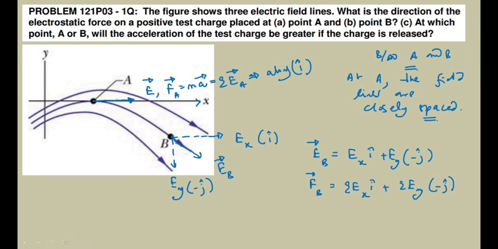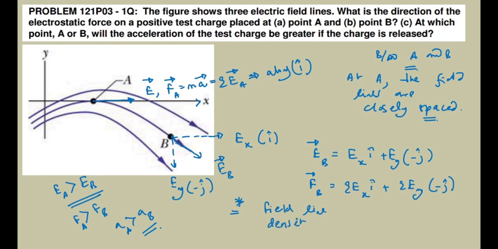If the field lines are closely spaced, in the sense that the electric field at A is greater than the electric field at point B, then the force at A is greater than the force at B. So acceleration at A is greater than acceleration at B, right? So this entire question is based on the concept that field line density is proportional to field strength. All right, fine. Let's go to the next question.